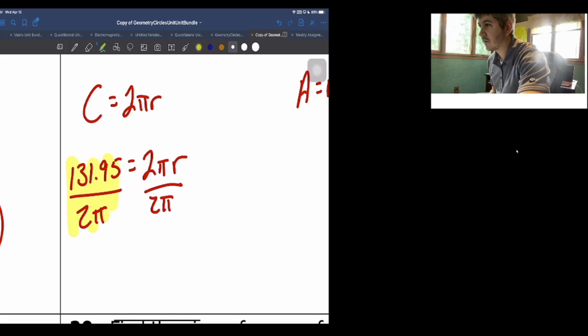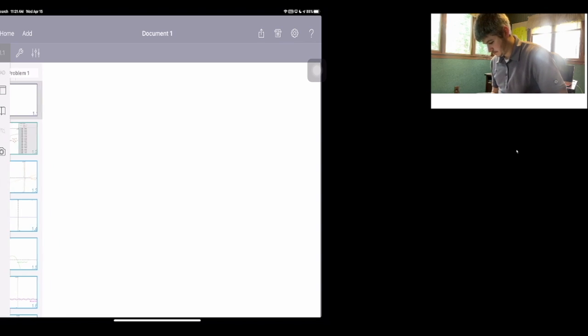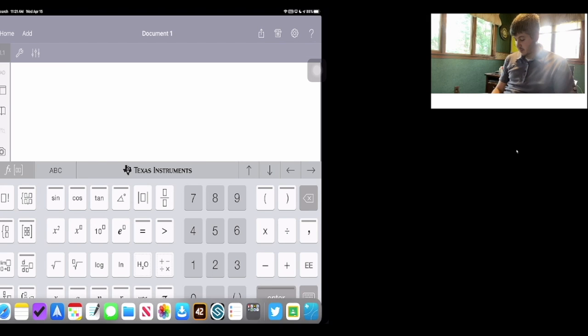Let me just, I'm going to pull up a different calculator, actually, for this. So I've just pulled up a different calculator just so we could observe the differences between these.